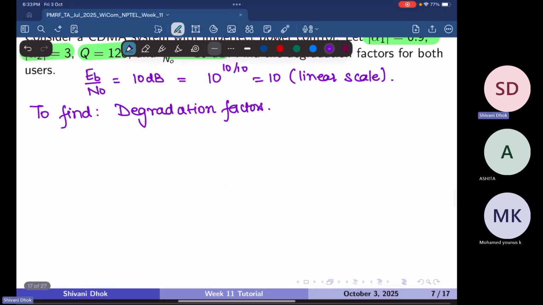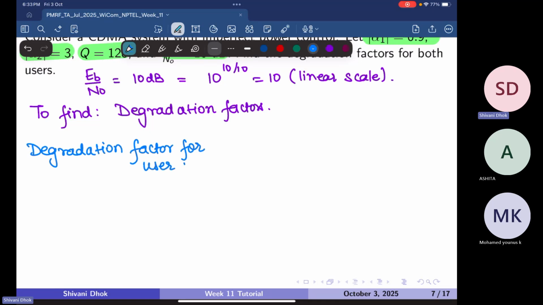So for user 1, the degradation factor, let me change the marker color. The degradation factor for user 1 is Dg1.